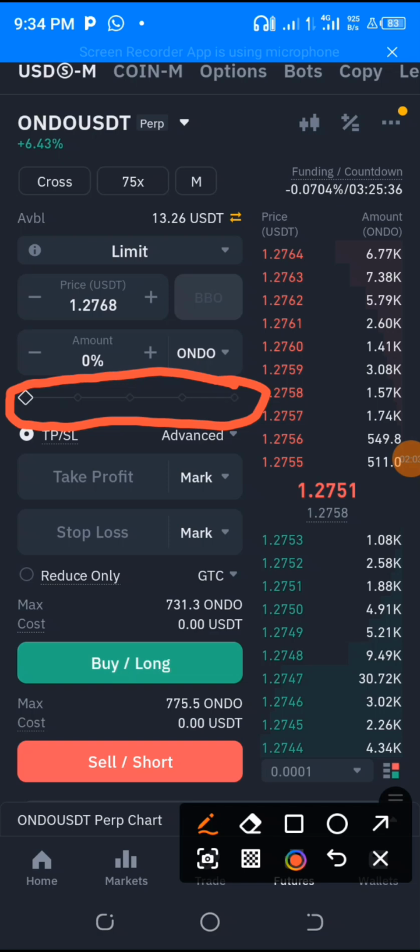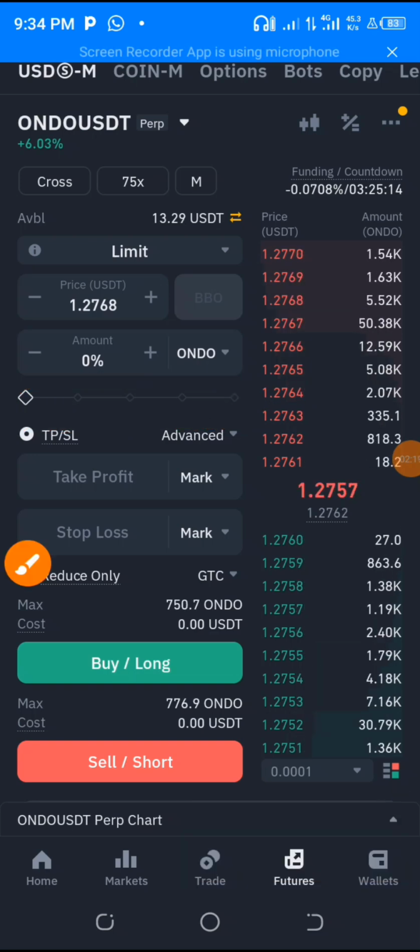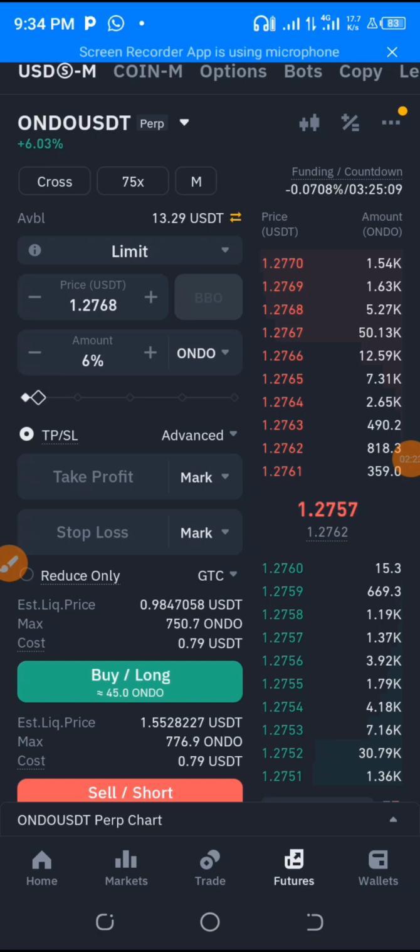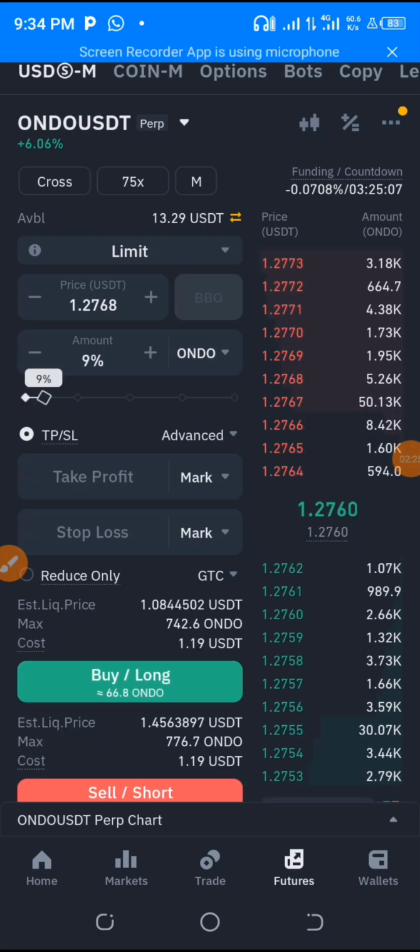So if you want to enter the trade, you take this particular small angle, and once you pull it to your right, it shows you the percentage of your capital that you are to use. Our instruction tells us to use 1%. Let's pull it. Oh, it's already at 9.